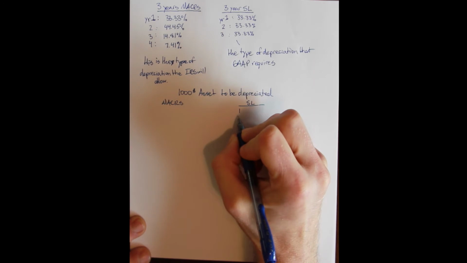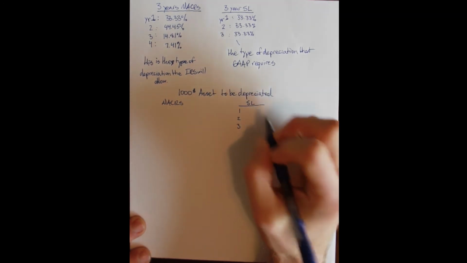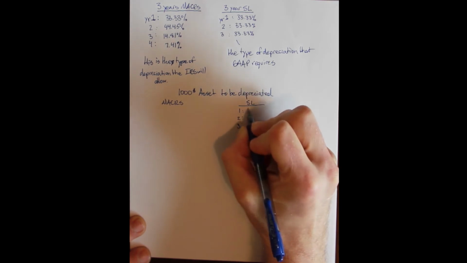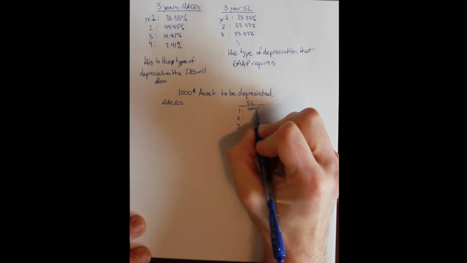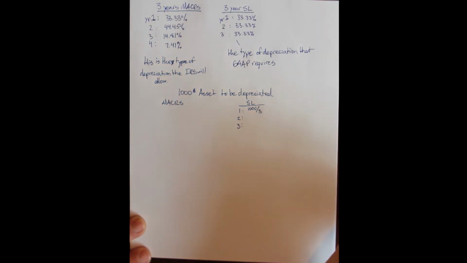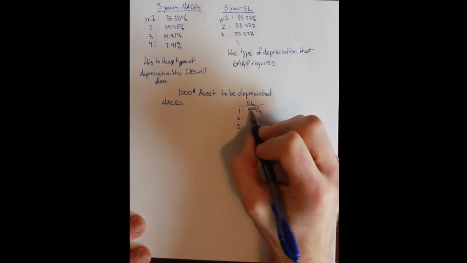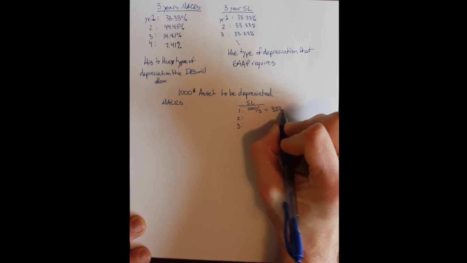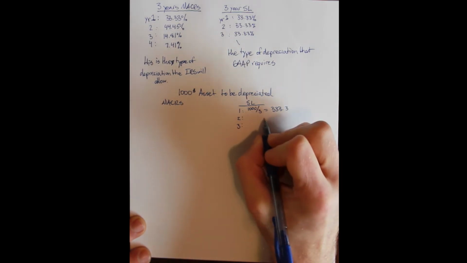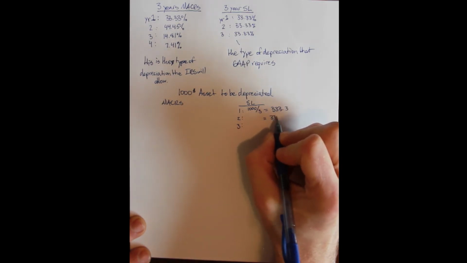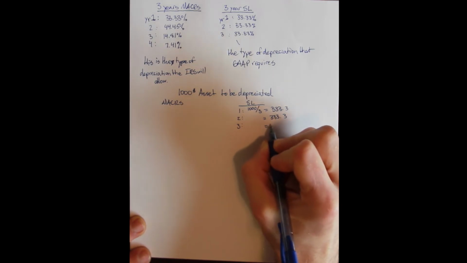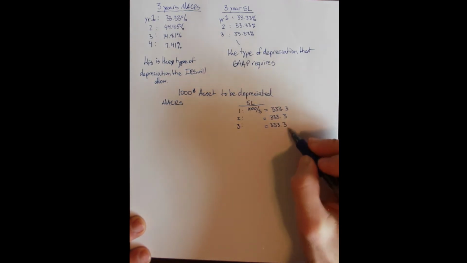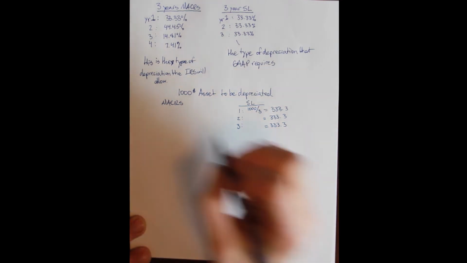On the straight line schedule, our depreciation in every year is the same, and we calculate that by dividing the cost basis of the asset by the number of useful years of the life of the asset. So 1,000 divided by 3 gives us 333.3, and that is going to be the same. Every year our depreciation will be exactly the same, 333.3, and this is how we're going to fill out our 10K.